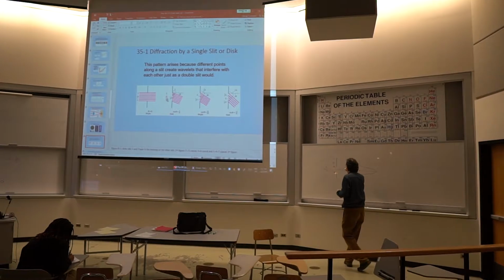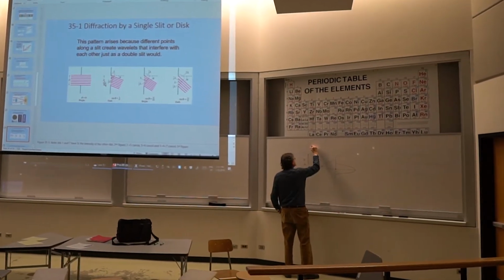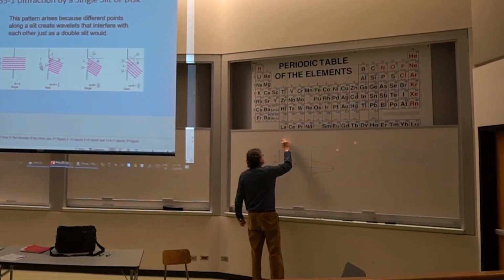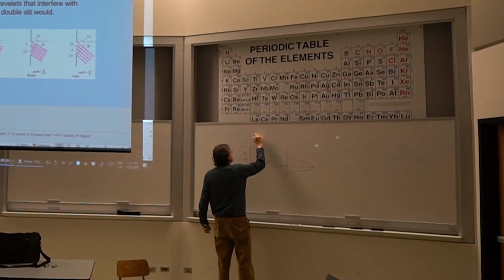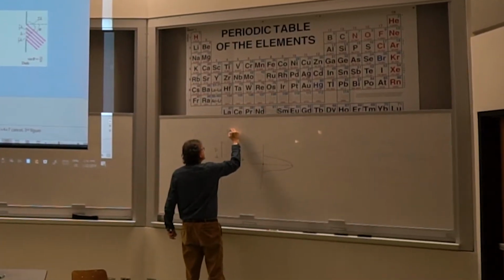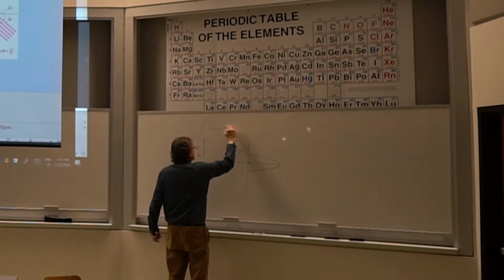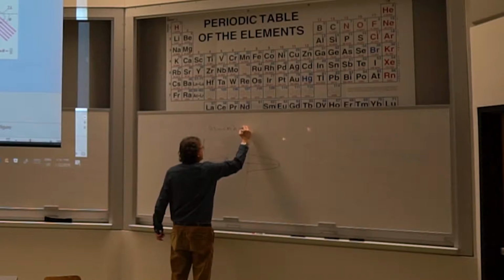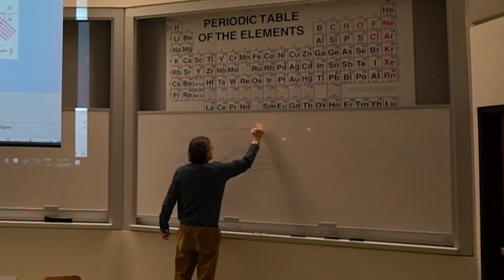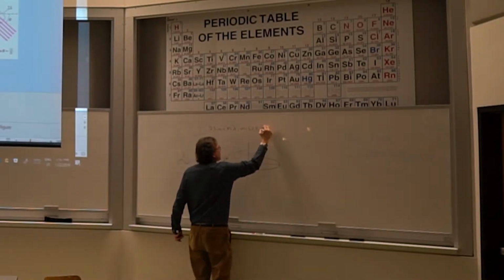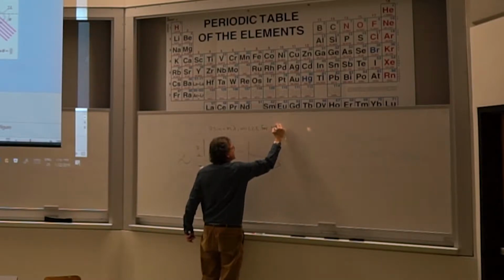The general condition for minimum intensity is that d times sine theta is equal to m times lambda, where m equals 1, 2, 3 for minimum intensity.